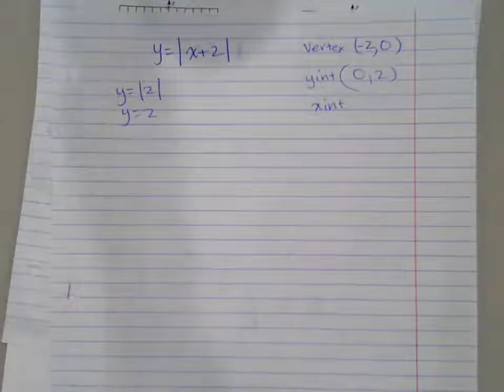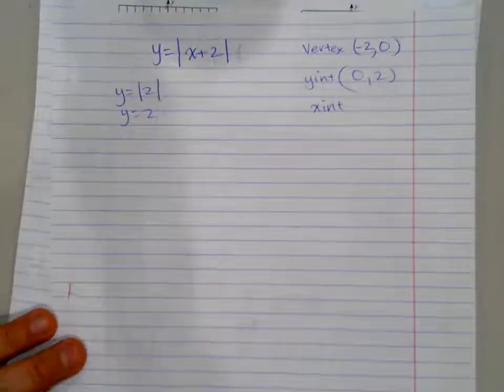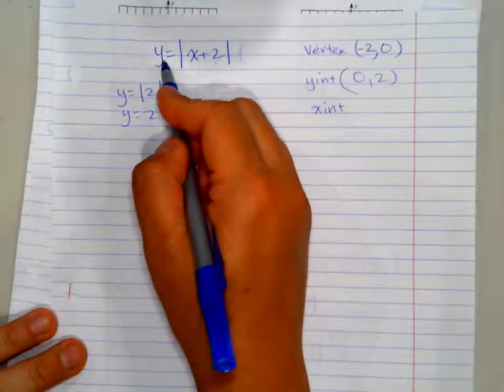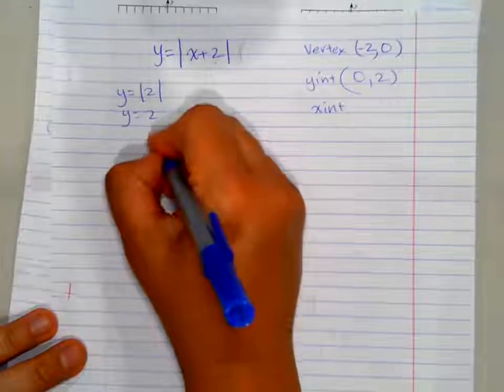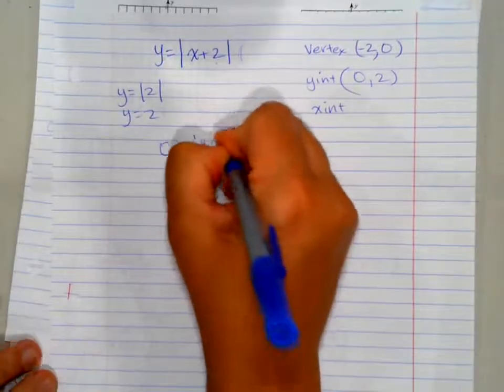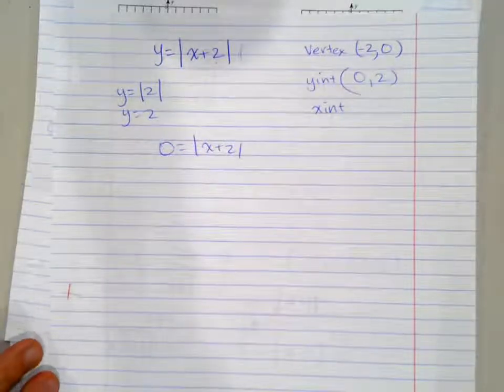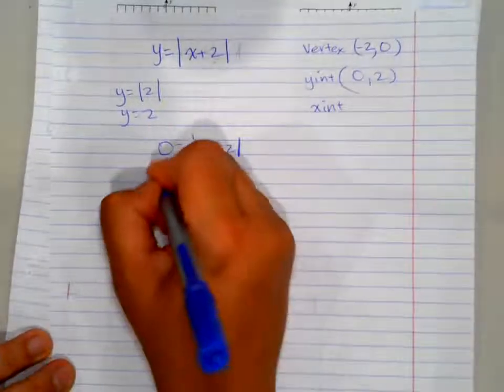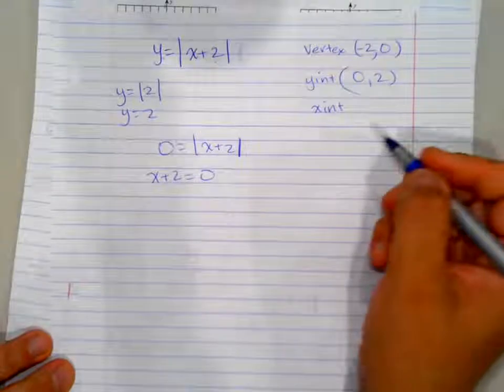Okay. And here's a little tricky part with your x-intercepts, or x-intercept in this case. So to find an x-intercept, I make y equal to 0, and then I set up my equation. So I have 0 is equal to the absolute value of x plus 2. Okay. Well, when I set up my two equations, I have x plus 2 equals 0. Okay.